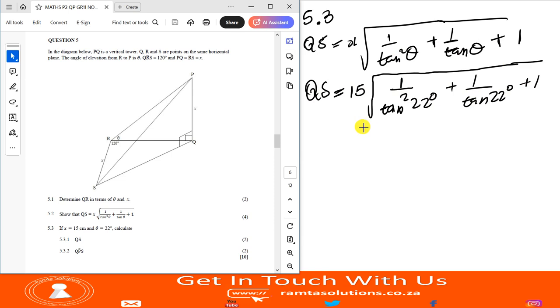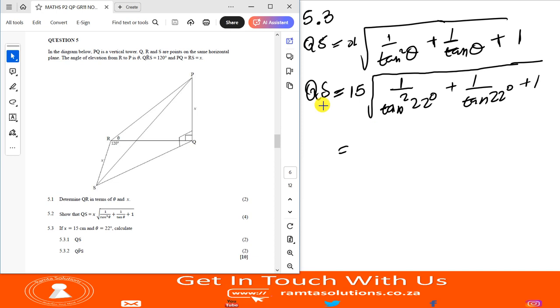Remember here, guys, in this section you use your calculator. Don't stress about anything. So let's get our answer. I don't even have to simplify this. It's 2 marks. So our answer is 15 times the square root of 1 plus 1 over tan 22 degrees squared plus 1 over tan 22 degrees.